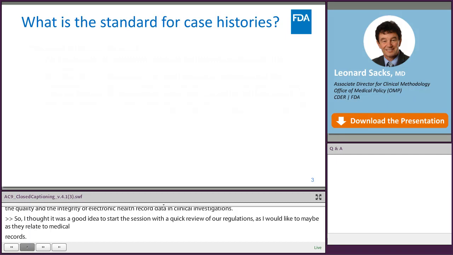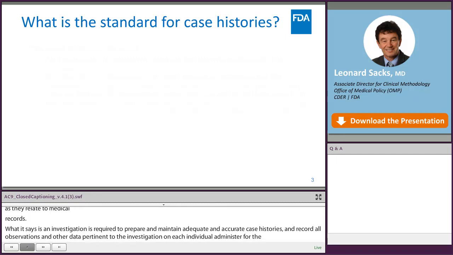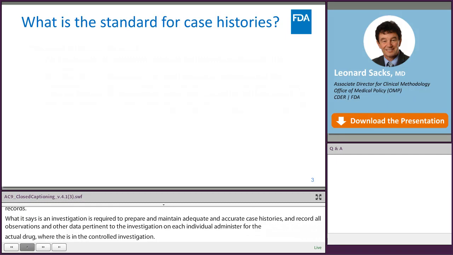Case histories include the case report forms and supporting data, including, for example, signed and dated consent forms, and medical records, including, for example, progress notes of the physician, the individual's hospital charts, and the nurse's notes.